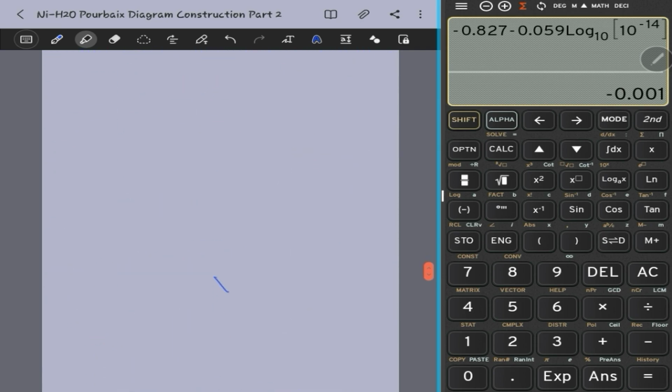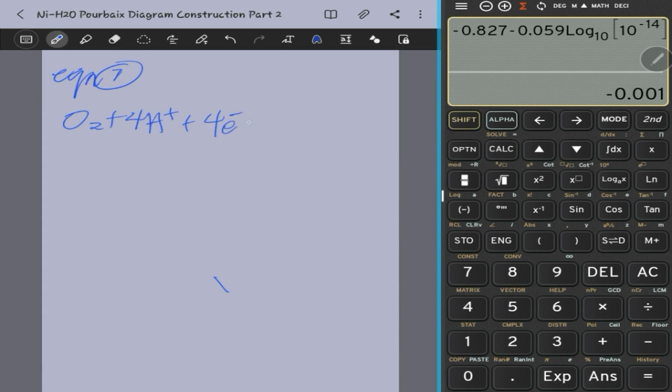So reaction equation 7. What do we have for that? We have O2 plus 4H plus, and then we have 4e.